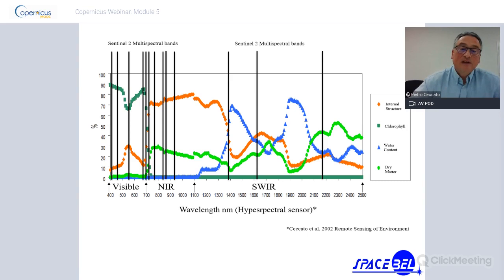To do that, you can select any bands in the near infrared that are only affected by the internal structure and the dry matter. So if you want to retrieve water, you have to combine the information of band 11 in Sentinel-2, in the shortwave infrared, with a near infrared band. This is the type of combination and method for retrieving a particular component of the vegetation.